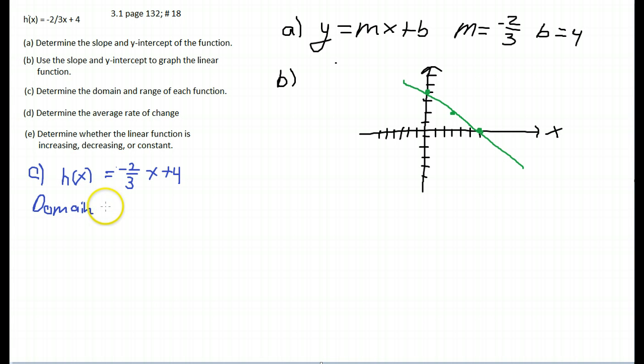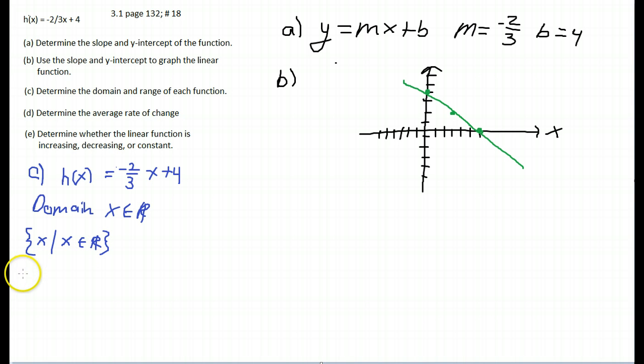Now, there are multiple ways of writing this. I could say that x is an element of the reals. That is the shortest way. I could also use set builder notation and say we have a function in x such that x is an element of the reals.